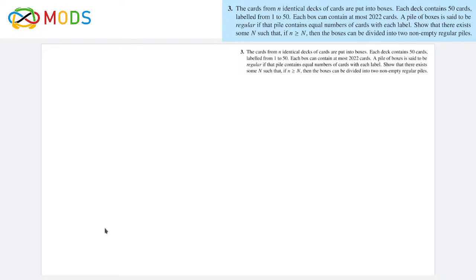Hmm. So you have boxes, and then you put the boxes in a pile. Yeah, apparently. This is like a 2024 problem. Is it? Not really, but it reminds me. Yeah, it does.